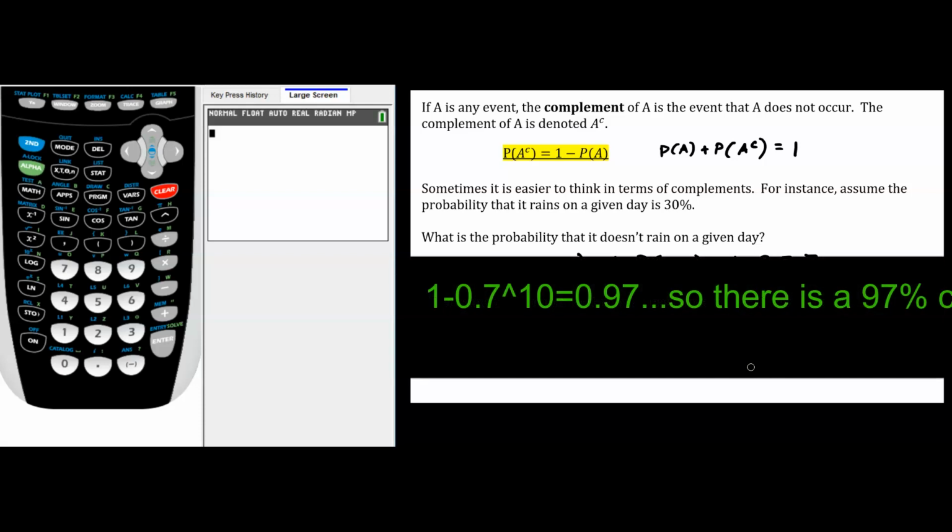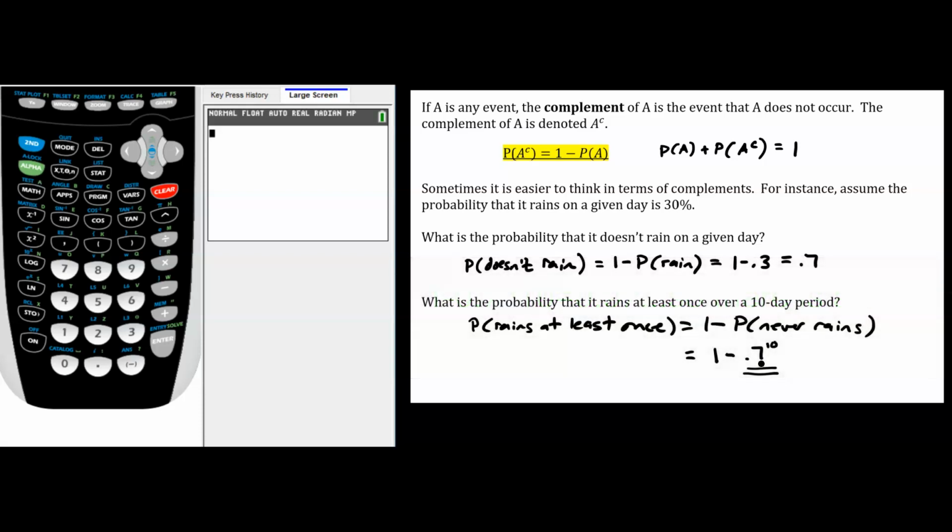And if you're looking at this right now and you're a little bit confused, don't worry, because this is a concept that we're going to cover a couple videos from now. It's one of the final topics in this module where we talk about the general multiplication rule. The important thing is not this piece of the problem. The important thing is that you're seeing that a complement is really necessary to make this a manageable problem to solve for us.